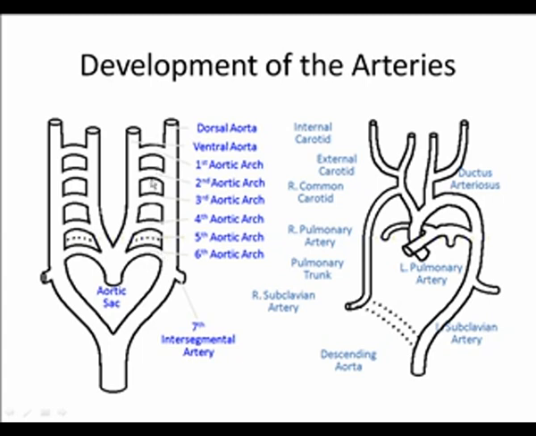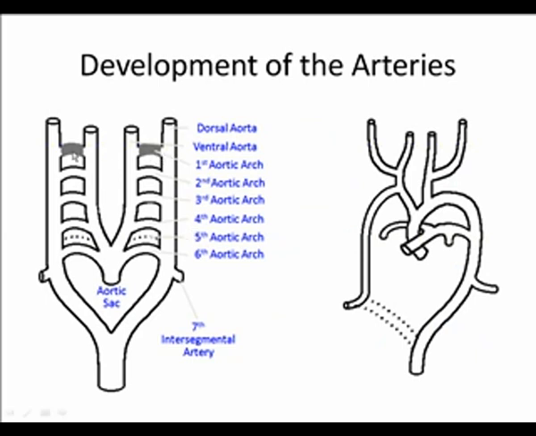These appear sequentially, never all at once, but that's how we're going to show them, so we can just go through how these different aortic arches contribute to the great vessels. The heart would sit down here, and the outflow area would empty into the region of the aortic sac. So if we look at the aortic arches, we can then talk about how they contribute to the great vessels.